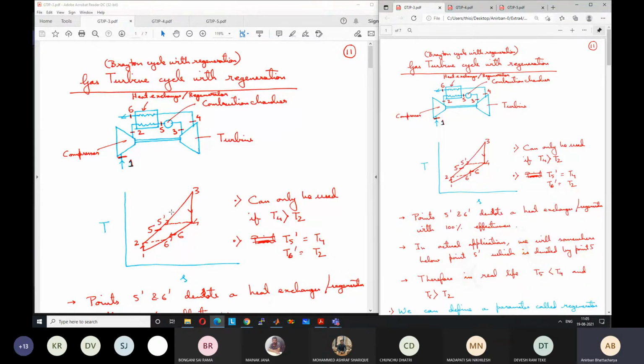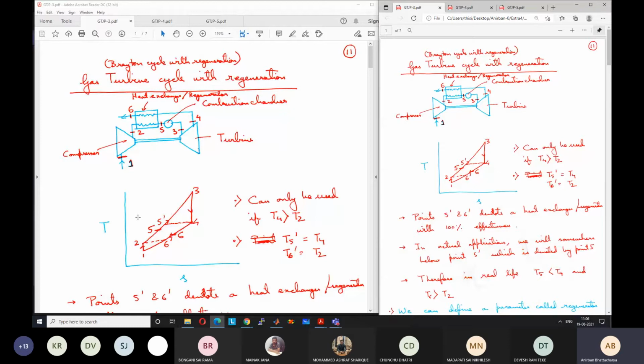After that, we studied gas turbine cycles, or the Brayton cycle, with regeneration. We have seen that regeneration is a process to increase the efficiency of the gas turbine cycle. It does not increase the work output, but it increases the efficiency. How does it do it?